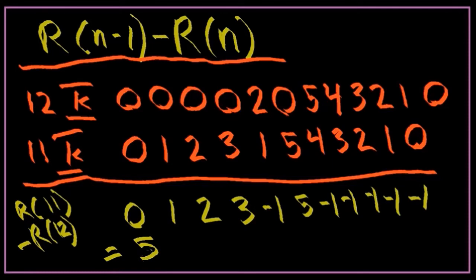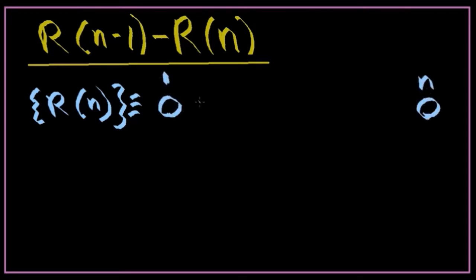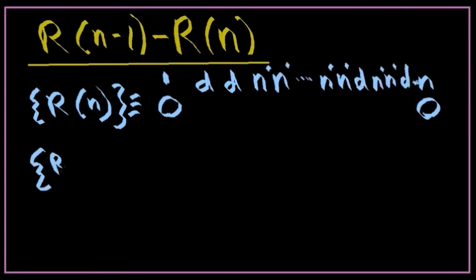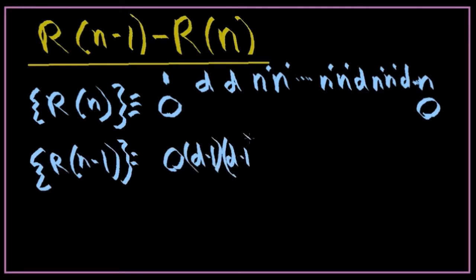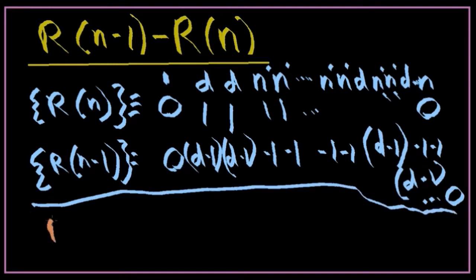So the difference of residues in this expression is always going to be negative of the quantity n minus 2 plus the aliquot divisors. Aliquot divisors meaning all the ones in the middle, all the divisors except for 1 and n itself. So the sum of aliquot divisors when n is a prime is 0, because there are no divisors in between. In other words, in the general case, if k is a divisor of n, then we're going to put a d up there. If it's a non-divisor, we'll put this n prime.